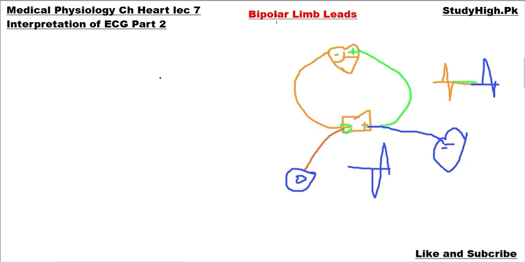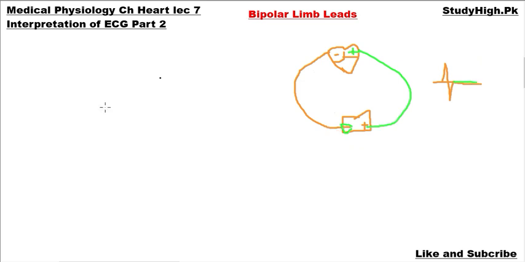So in unipolar limb leads only one terminal is involved in determining the electrocardiography, whereas in bipolar limb leads both terminals of the electrode are involved. The limb leads we are going to discuss today are bipolar: both terminals are involved in determining the physiology of our cardiac muscles.